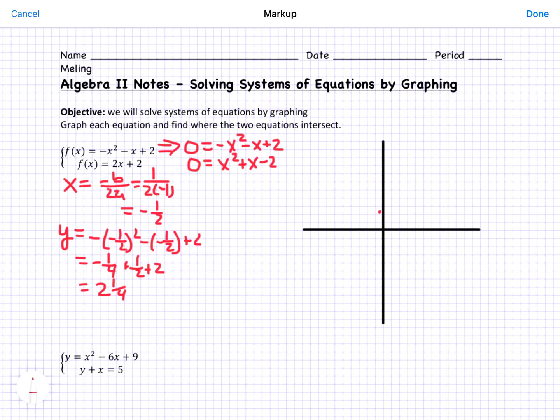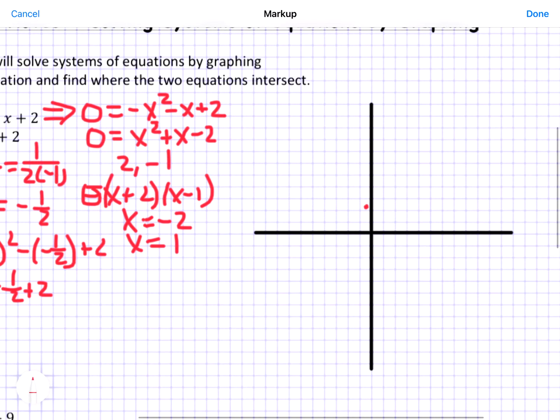The two numbers that multiply to be negative 2 and add up to 1 are 2 and negative 1. So I have x plus 2 times x minus 1 equals 0. So my zeros are at negative 2 and at 1. So I know I'm hitting here and here, and so I'm just going to draw this graph in like that.